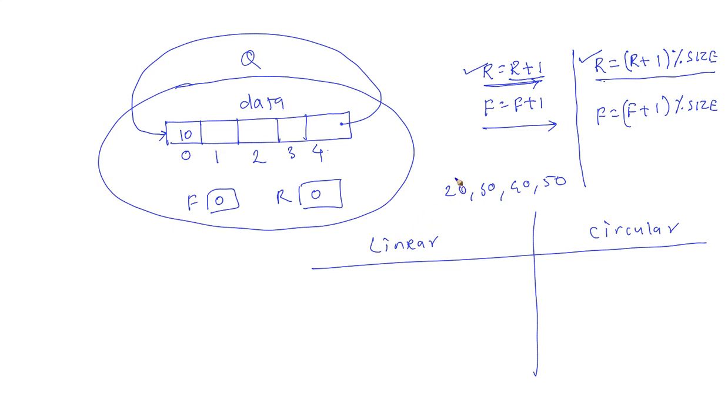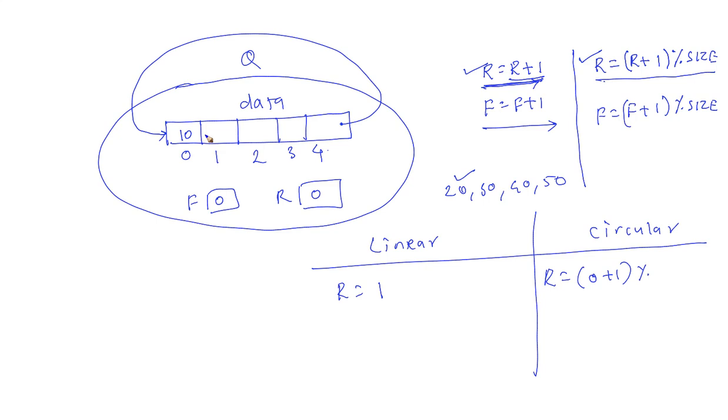Now let's insert 20 by using linear. If I want to insert 20 by using linear, I'll say R is equal to R plus 1; R was 0, R will be 1. Now in case of circular, if I do the same insertion using the circular formula, what will R be? R equal to R plus 1 mod size; R was 0, 0 plus 1 mod, what is size?